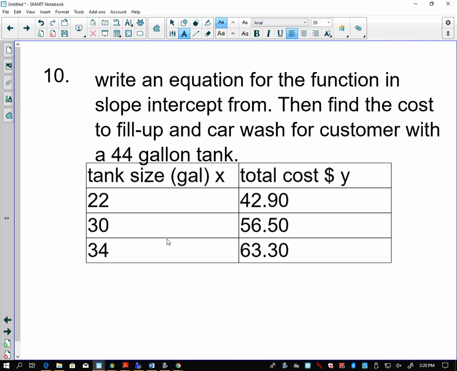And then after you've got your equation, you're going to plug in 44 for x in order to get your cost y. Does that make sense? Okay, so what I'll try to do tonight before I leave is work this question out on the board, so that you can see it done by example. Does that make sense? Okay, so I'll hit stop here.